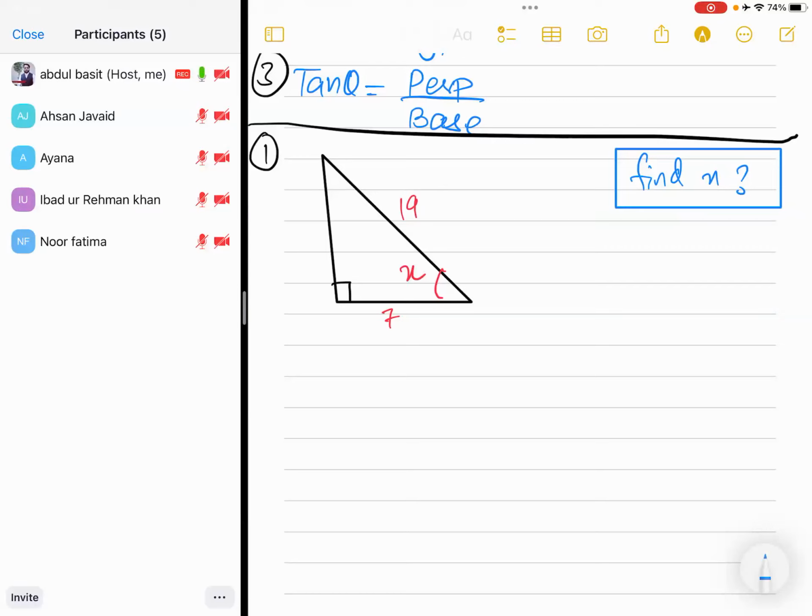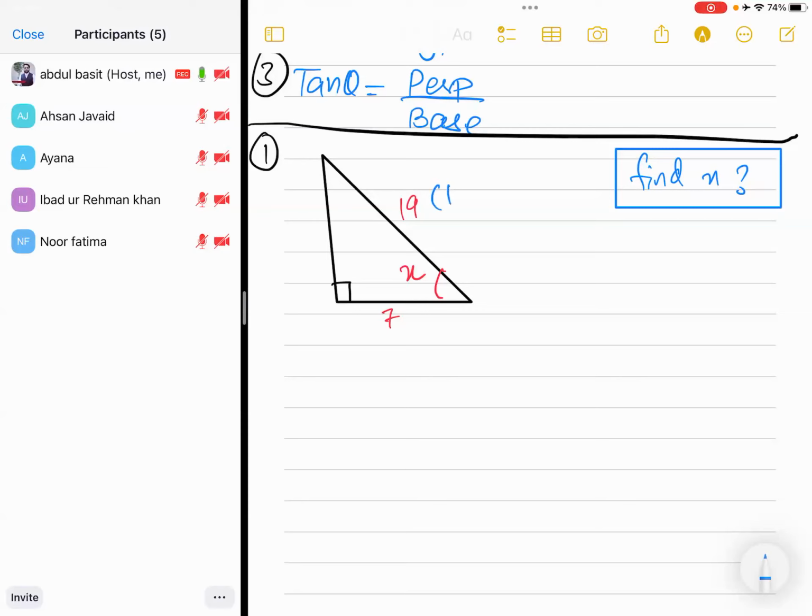Ibad, what is the name of the side? Ibad, what is the name of the side 19? Hypotenuse. Yes, it is the hypotenuse.